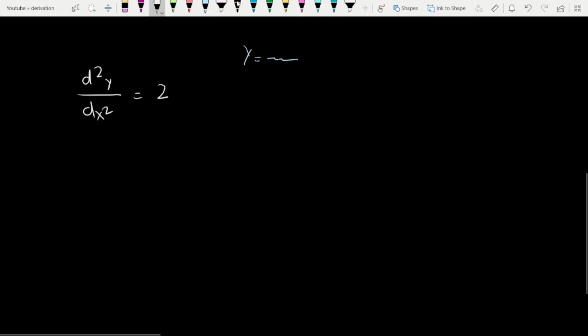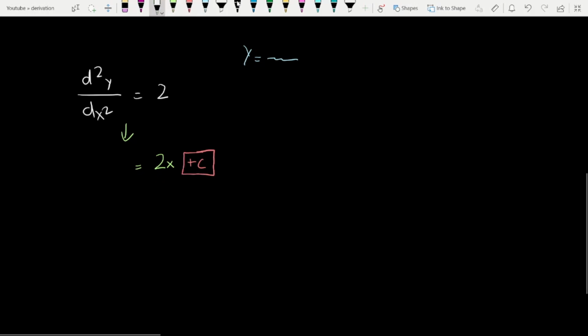So how do we do that? Well, we can integrate this. When we integrate, we get 2x. And remember, don't forget that plus c, because we're reversing the process of differentiation.